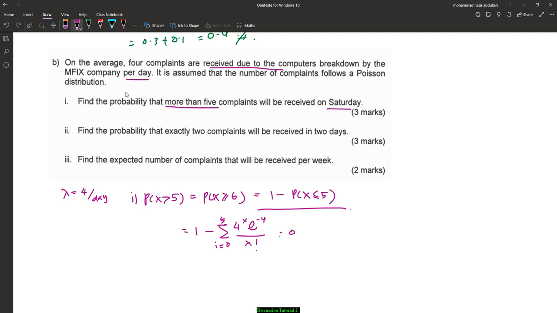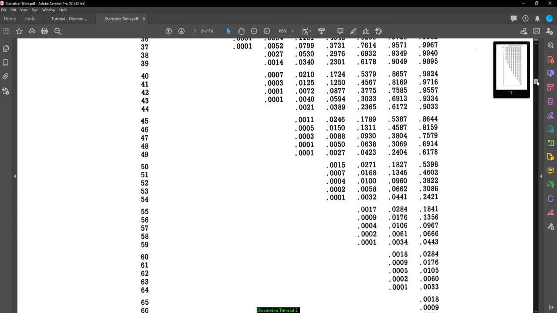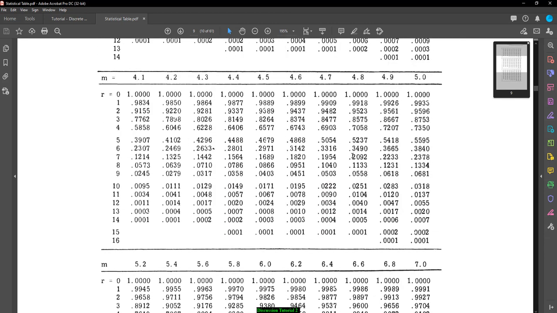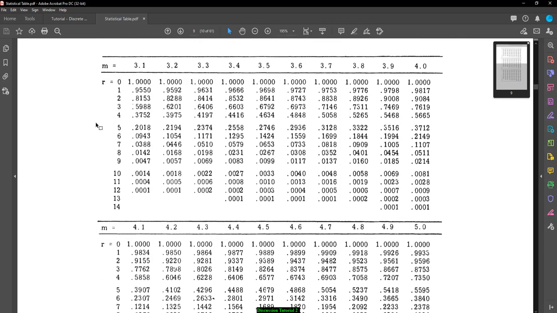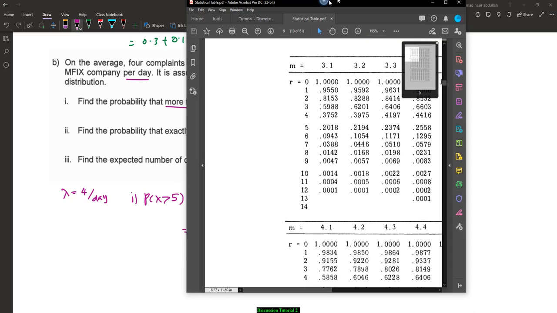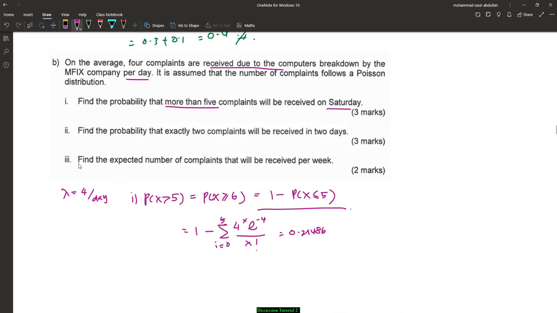So this one should be 0.21486. Right. If you look into the statistical table, it's also the same. Lambda is equal to 4. So X equal to 6. Yep, same, right? Okay, 0.2149. Right, more or less the same.